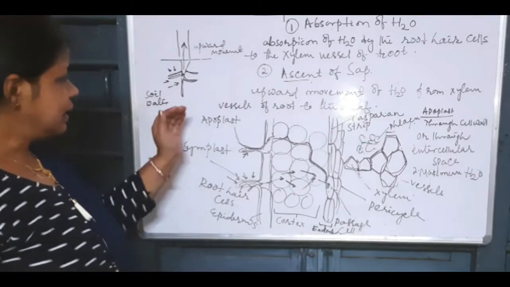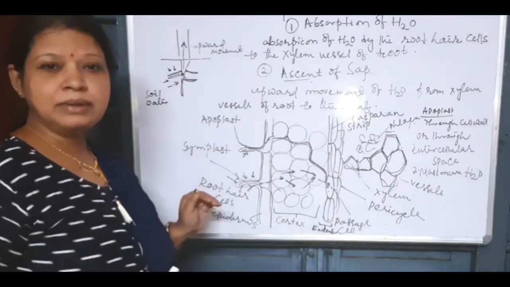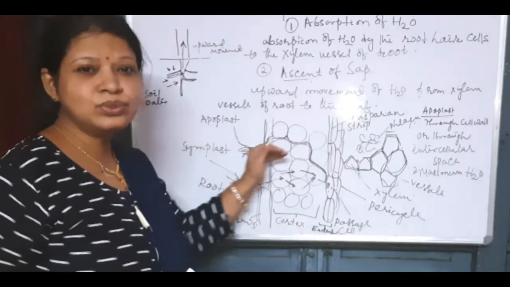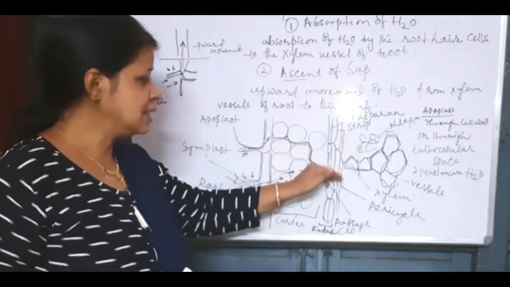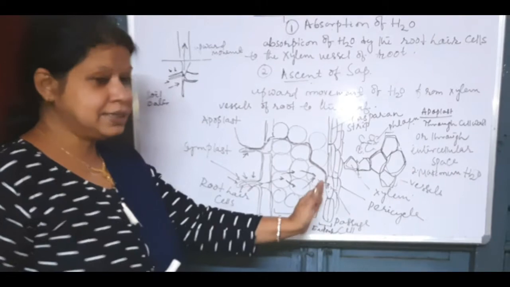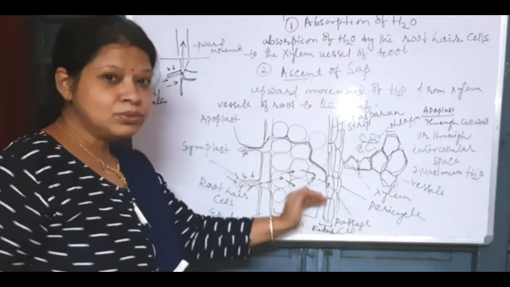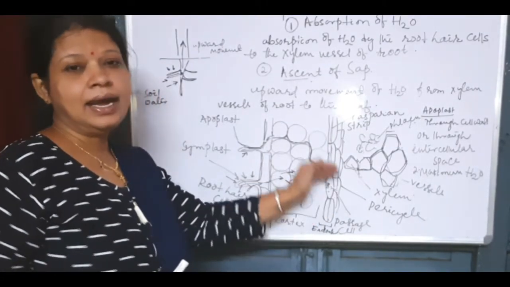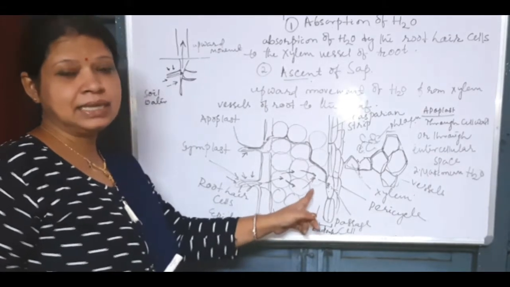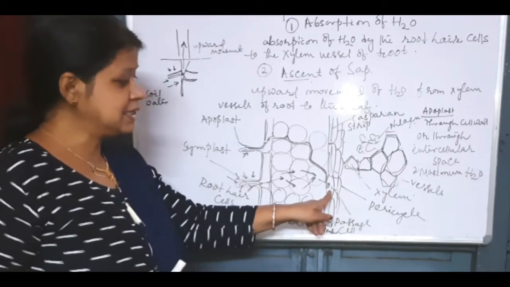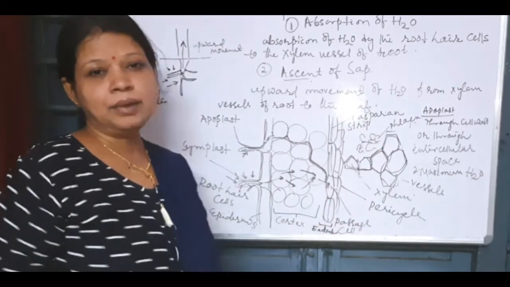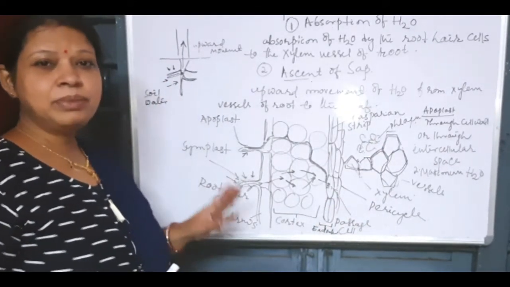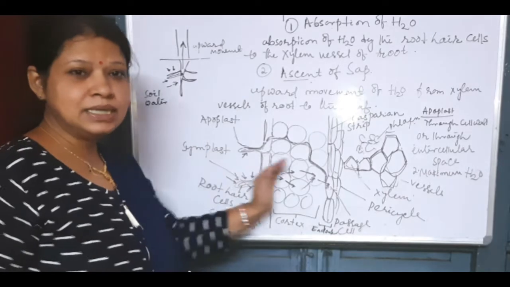In the apoplast pathway maximum water moves through the cell wall and intercellular space, and only in the endodermal region does it move through the passage cell as cell sap, which is symplastic movement only at this region. Then again it moves in an apoplastic path. So the maximum amount of water moves in this way.